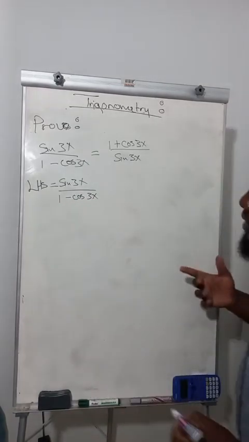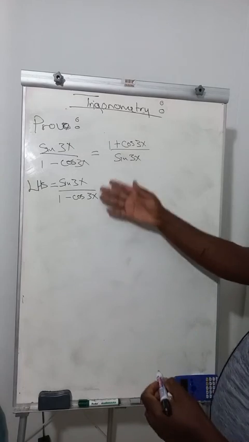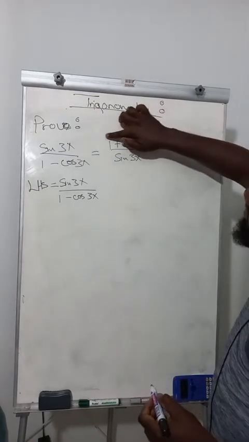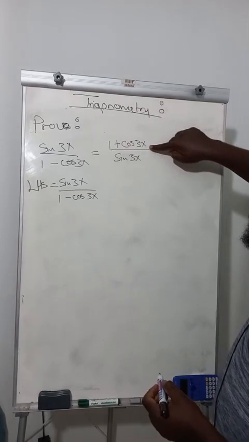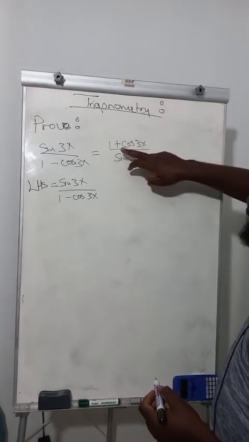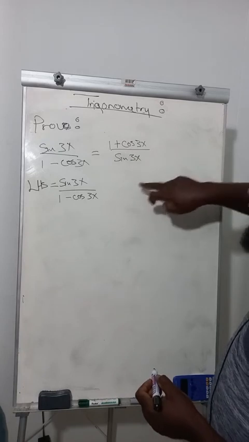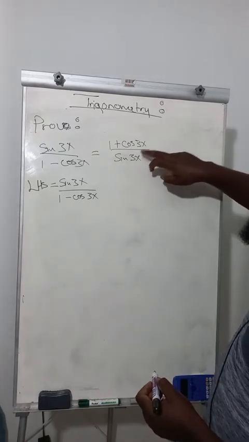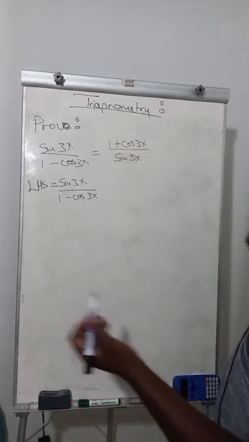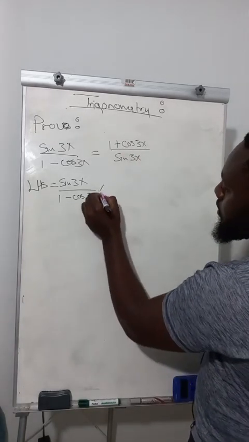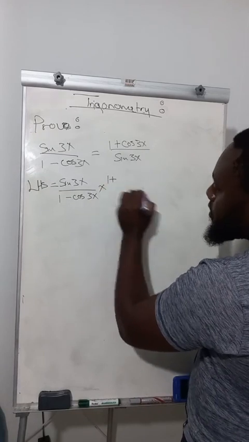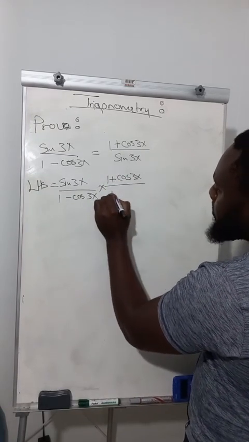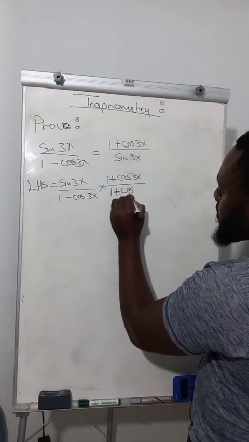Now check something, né? Here I'm going to rationalize. Why am I doing that? It is because I'm seeing that on top as our numerator I'm having 1 plus cos 3x, and there's no other way for me to get this 1 plus cos 3x without doing this: 1 plus cos 3x divided by 1 plus cos 3x.